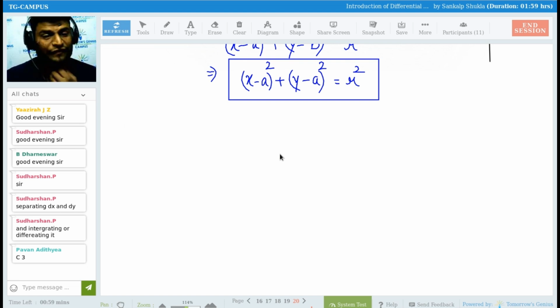Let me know how many times you have to differentiate. 2 times. Why? Because we can clearly see there are 2 arbitrary constants, a and r. So you are supposed to differentiate it 2 times and just replace the values of a and r. Try it and let me know.